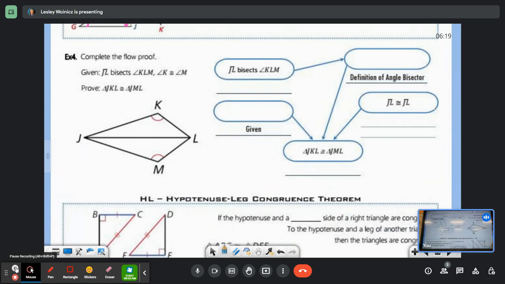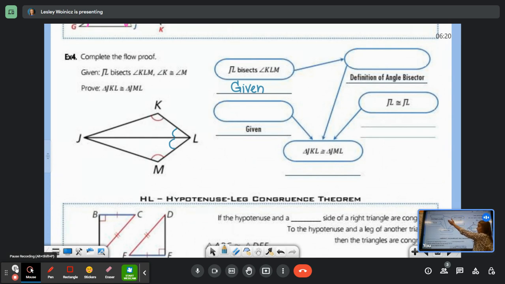All right, so let's look at this proof. We have to prove that triangle JKL is congruent to triangle JML. Okay, we're given that JL bisects angle KLM. So we know that these two angles are congruent. Okay, that was given to us. And we just said that those two angles are congruent because it's a bisector.